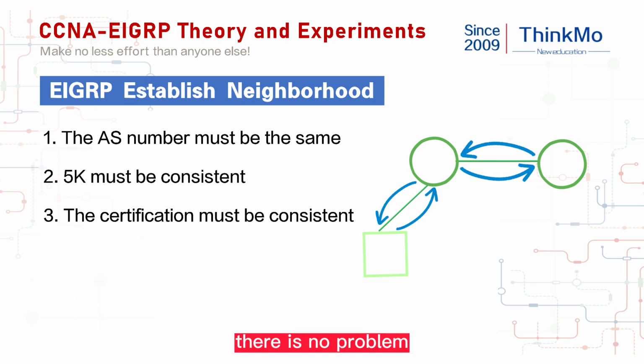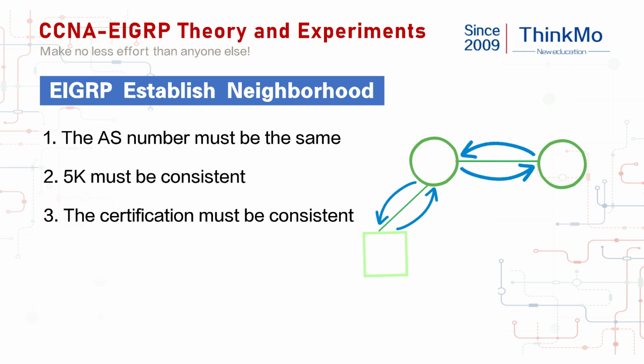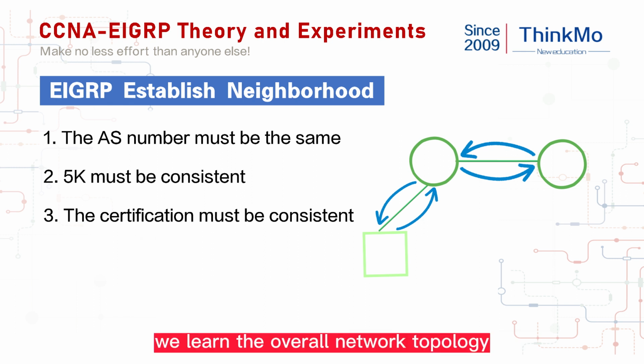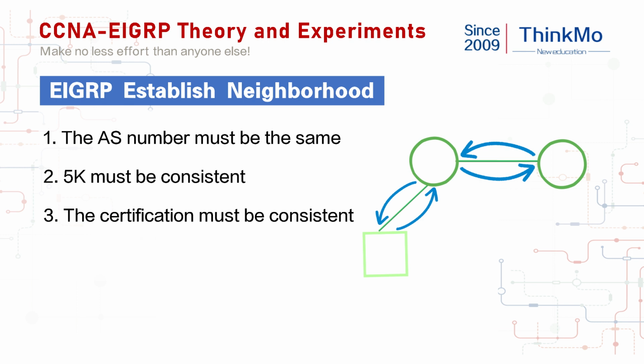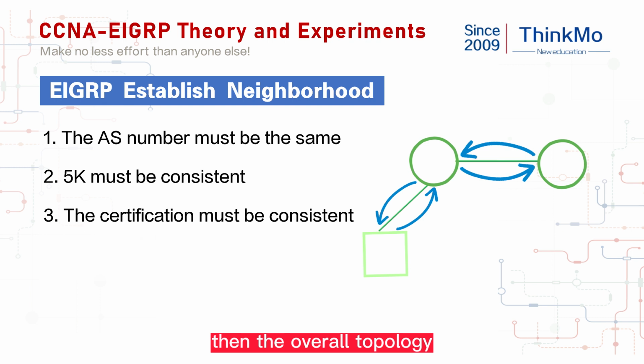There is no problem, now I will establish a neighbor relationship with you. We start to calculate, because in the future we learn the overall network topology and calculate the routes ourselves. Then I can learn the overall topology. So you will find I can break into you.